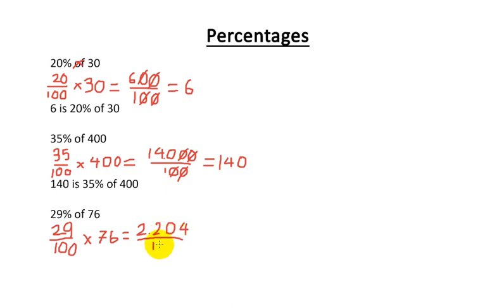Over 100. Here, I don't have zeros to cross out, so I can't do what I did in the previous examples. But we can still do this division. If I had 2,204 divided by 100, as we learned from third grade, this would be 22.04.